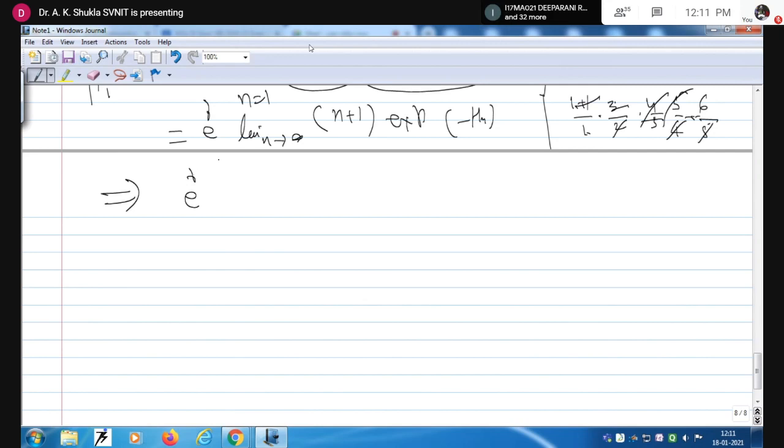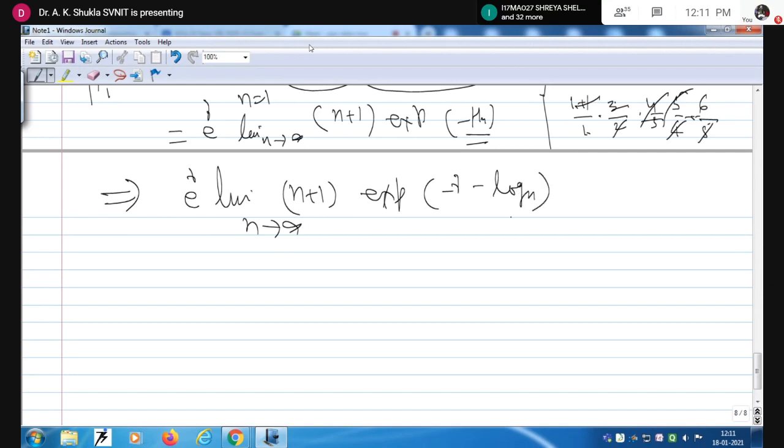So finally, e raised to power gamma is the limit as n tends to infinity of n plus 1, and now putting the value of Hn, this is the exponential of minus gamma, and minus log n.